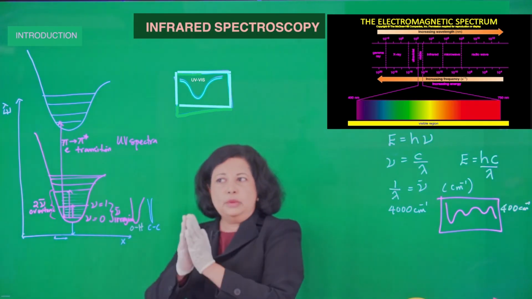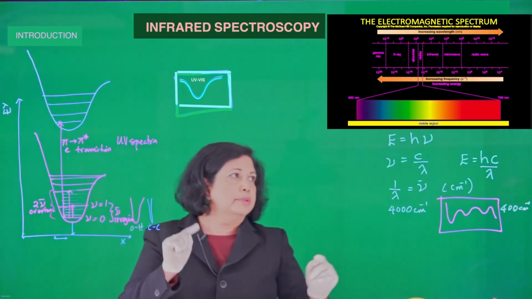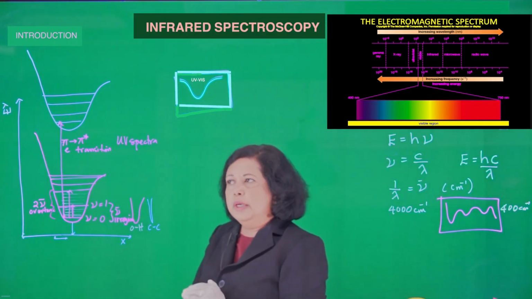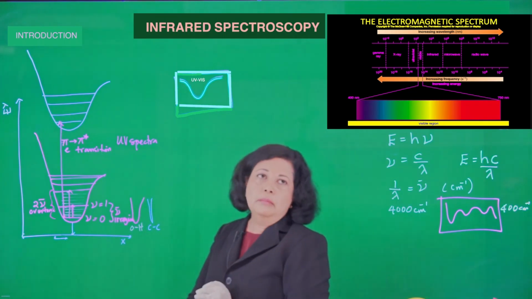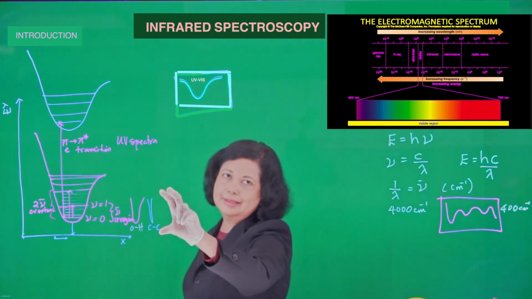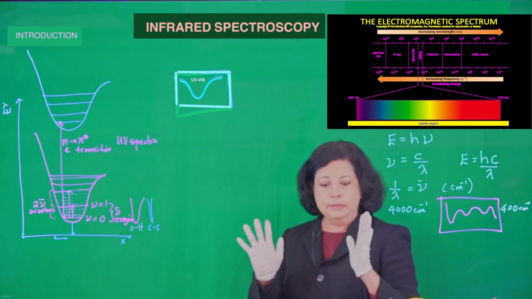So therefore you can see what the functional group is just by looking at those frequency numbers. All right, and so we're going to look at some spectra and try to identify what kind of functional groups we have using infrared. All right, so let's look at some spectra.